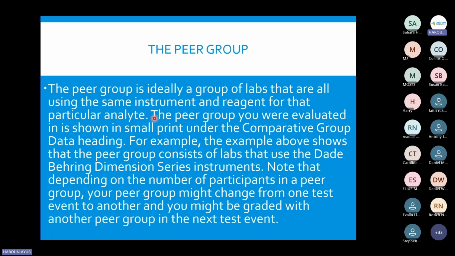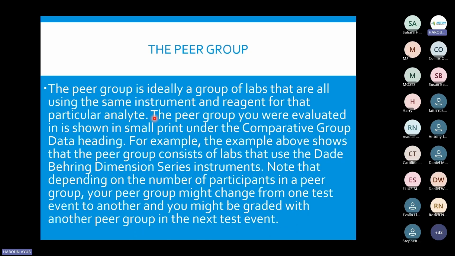Note that depending on the number of peers, your peer group might change from one test to another, and you might be graded in another peer group in the next test survey. So this is very important to note. You check your report from analyte 1 to analyte 20: analyte 1 to maybe 15 have the IMR group, then analyte 20 to 25 have only the general group or the instrument group without the M, and so on.